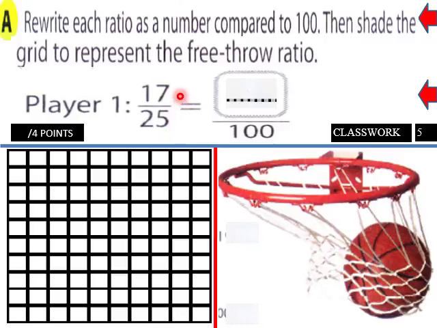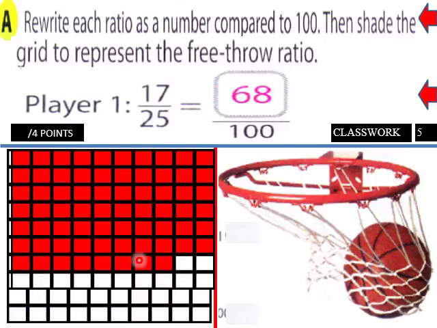We multiplied by 4, yes? So we have to multiply 17 by 4. What's 17 times 4? 68. So we have to shade in 68 of our grid here. This is a visual representation of this.